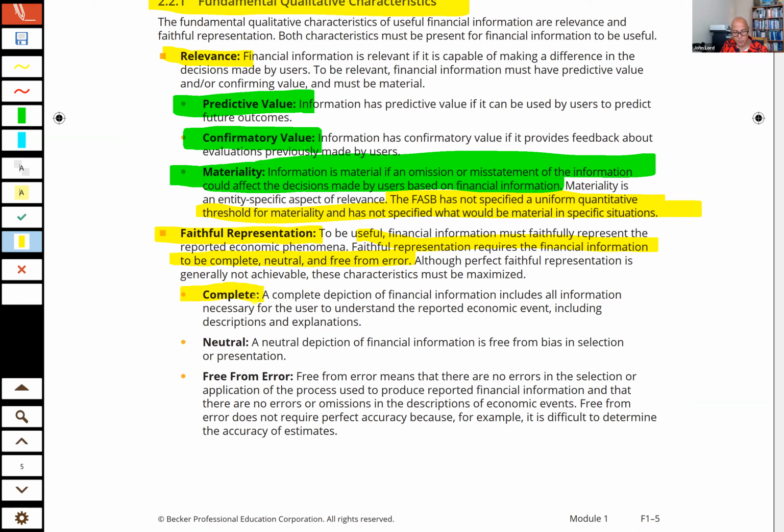Complete information means that you aren't leaving anything out. A silly example is probably a better word for it. Let's say you are sitting there and your significant other comes home at 2 a.m. and you say, "Where were you?" And the person says, "Oh, I worked late." And you say, "Oh, okay."